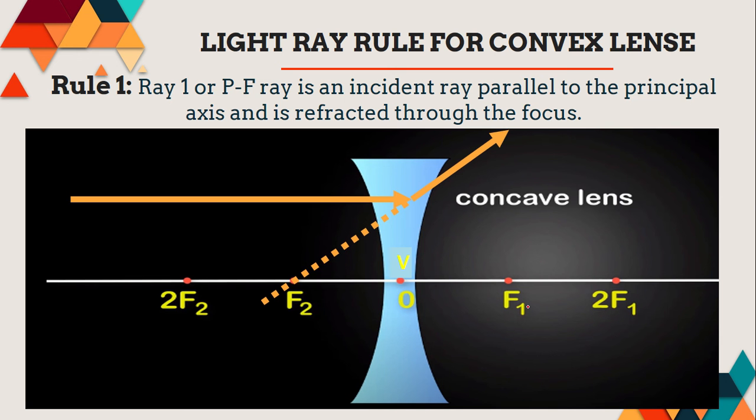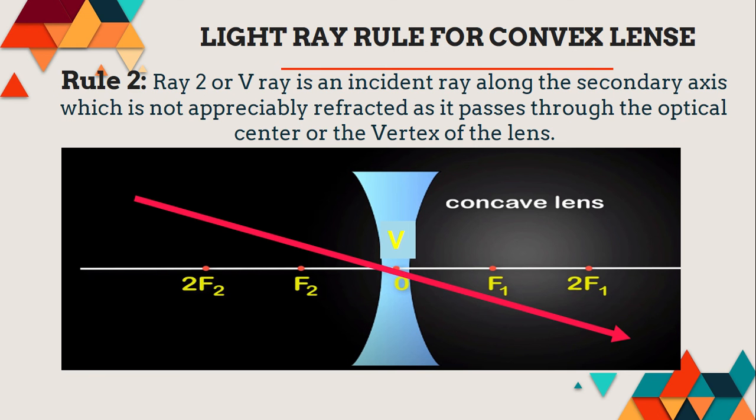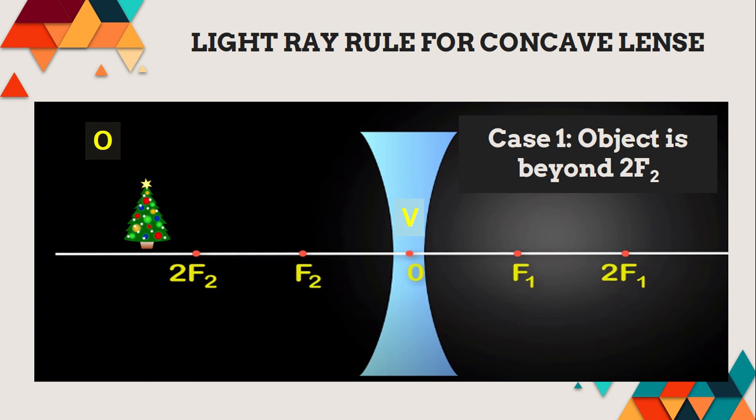Di ba kanina, nandito yung F2. So, hinahanap natin yung dapat dun siya pass through. Yan, nakapag-refract na siya dyan. Now, the other one, si ray 2 naman, so tulad din siya ng una, sa optical center.